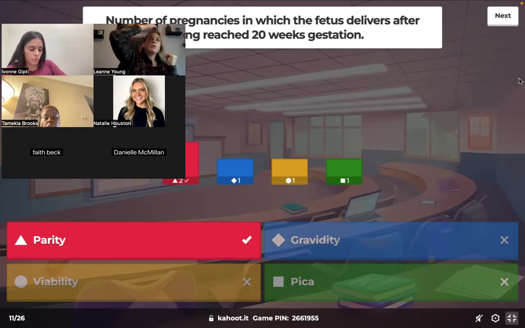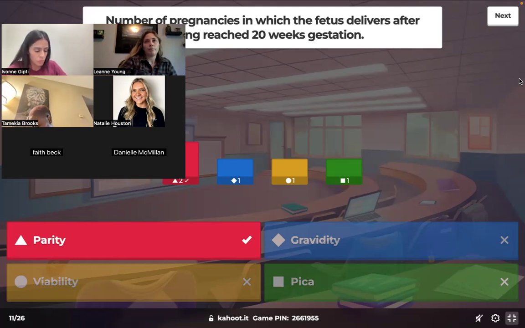Definitely know your GTPAL mnemonic and what each of that means, because I could foresee there being a question like: a mom comes into OB who has 3 living children at home, has a history of a miscarriage, and is currently pregnant with twins. What is her G's and P's? What is her GTPAL?